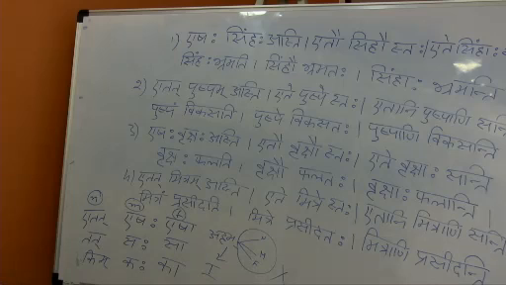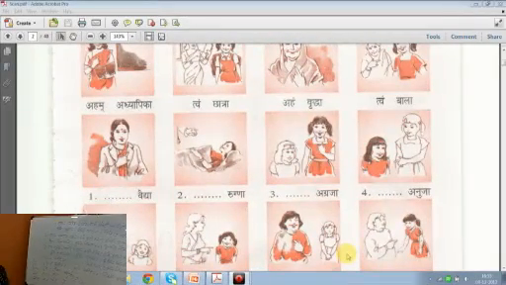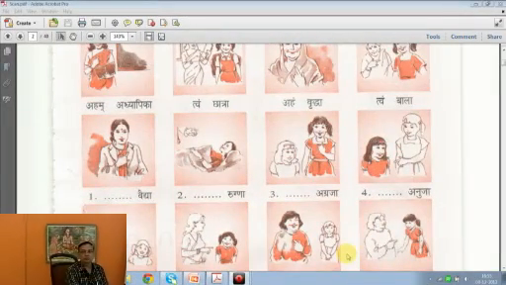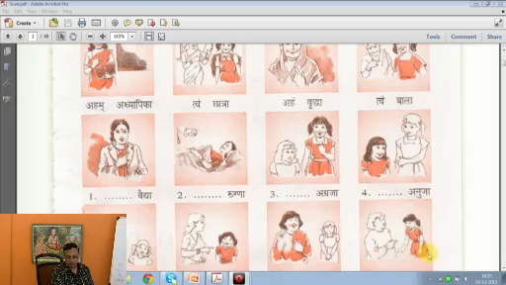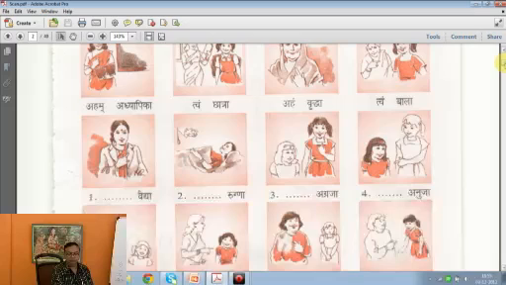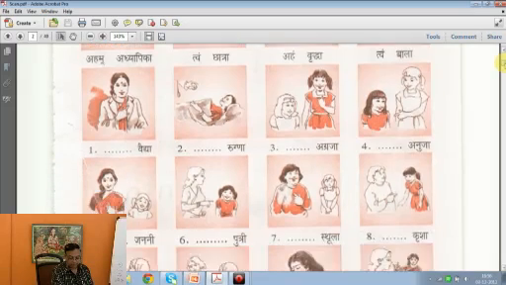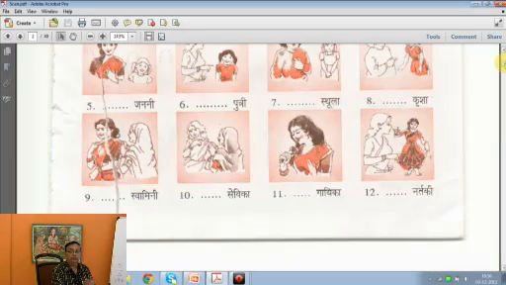So aham adhyapika, tvam chhatra, aham vruddha, tvam bala, aham vaidya, tvam rugna, aham agraja, tvam anuja, aham janani, tvam putri, aham sthula, I am fat. Tvam krusha, you are lean. And then the ninth one, aham swamini, I am the owner.